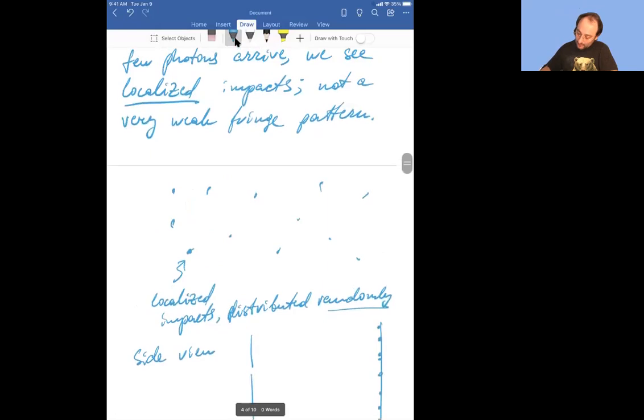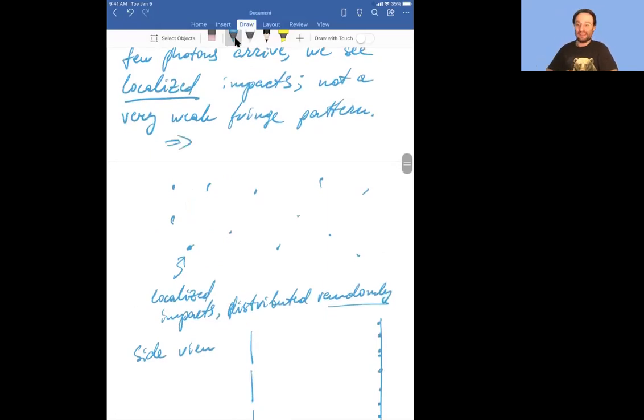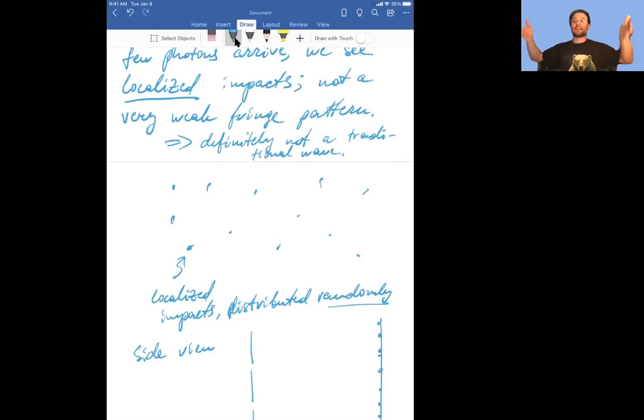In any case, we see that this is definitely not a traditional wave picture. If it was a traditional wave, you would have a smooth interference pattern. It just gets dimmer and dimmer and dimmer. Okay, but that's one part of the story.